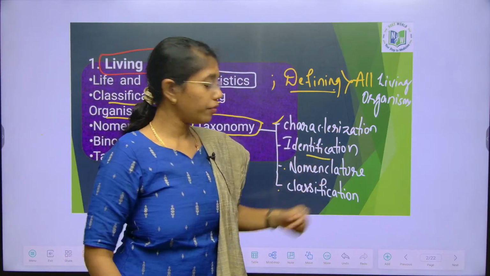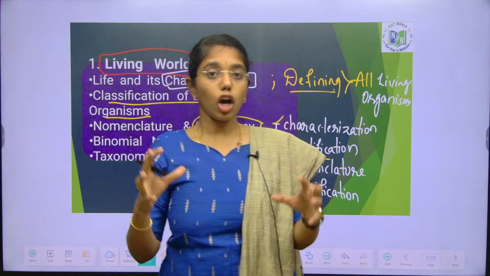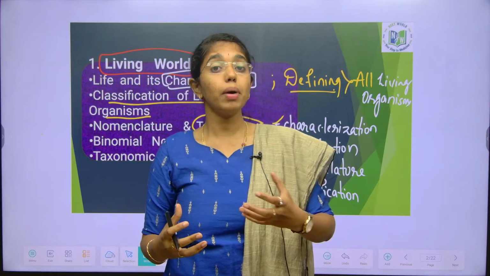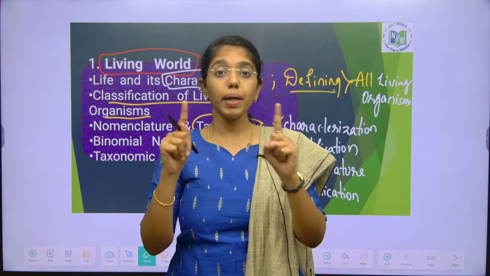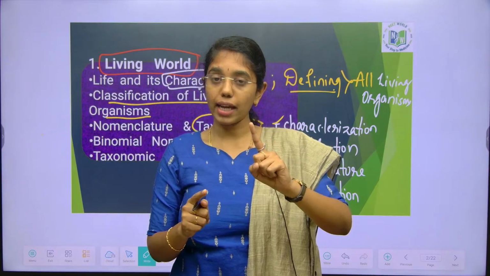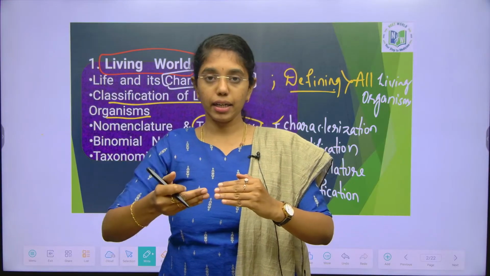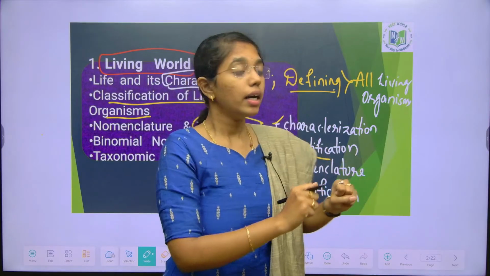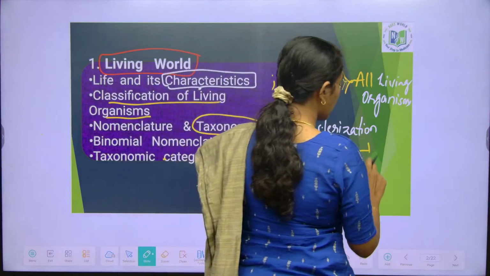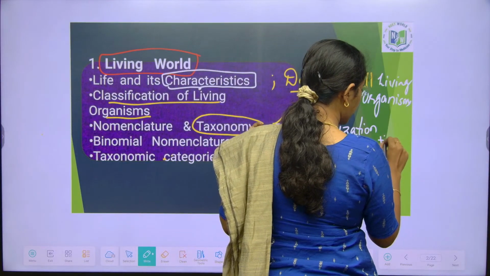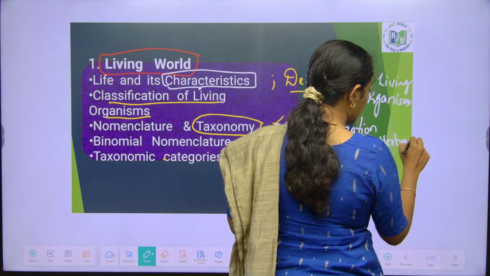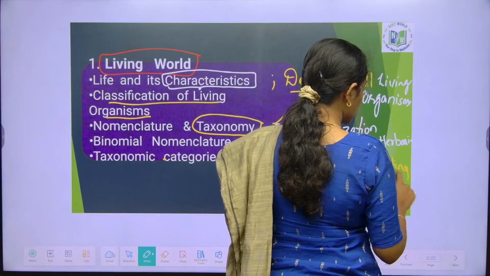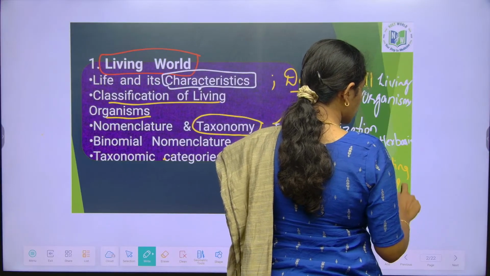Second is identification. After characterizing all the morphological or the anatomical features of the living organism, in simple terms, after exploring the complete diversity of a single living organism, both external and internal, we need to identify it, taking either any standard herbaria or the existing living organisms or identified species.